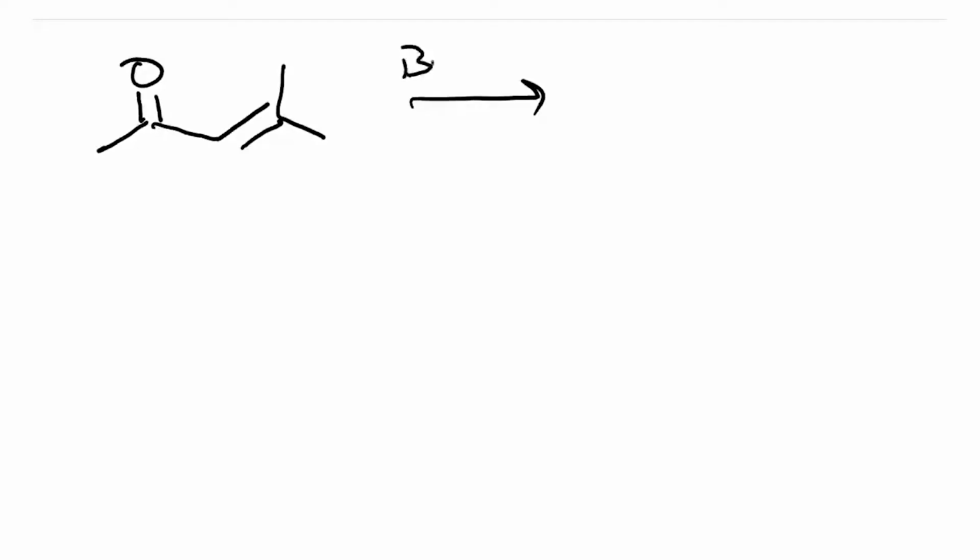Now, I'll give you one more example. We take the C=O compound and react it with butyl MgBr, magnesium bromide. This is the Grignard reagent, which we have looked at previously.